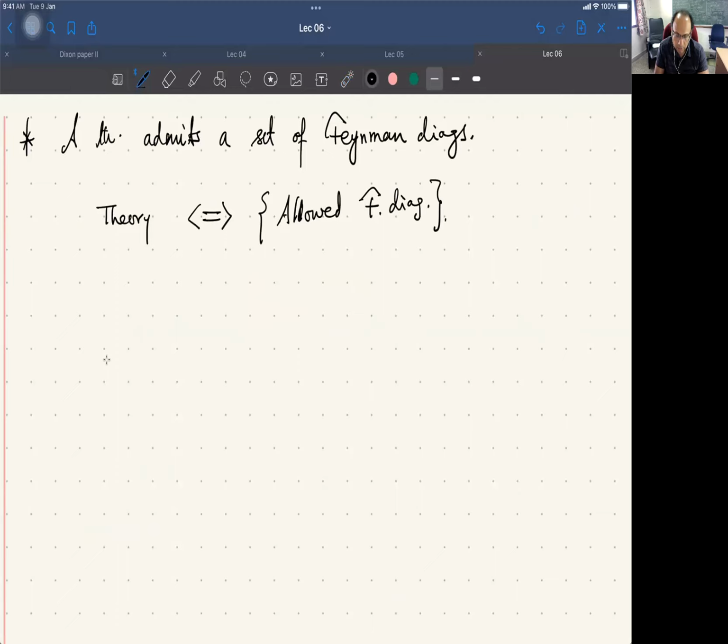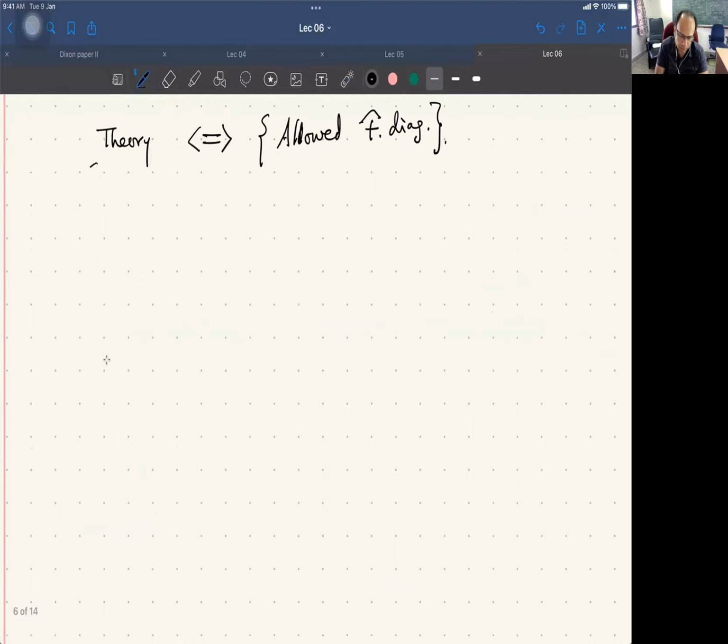Now, in general, the idea of a theory is that you have a mathematical structure where you can do all possible computations. So a theory, in our normal sense, should be given by a set of all possible computations.